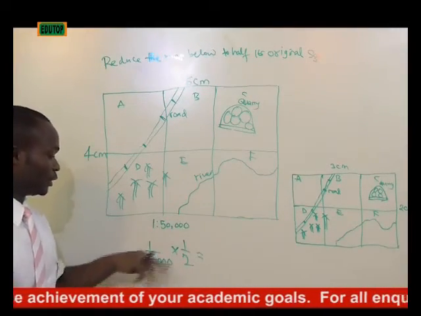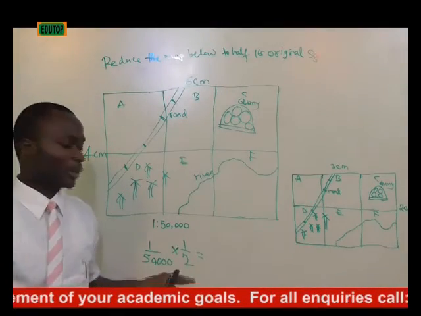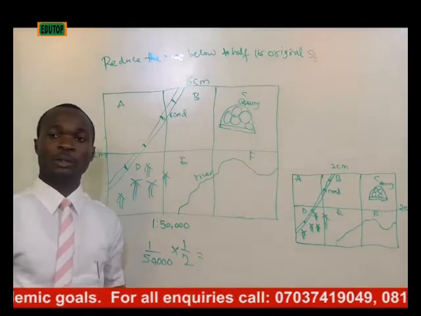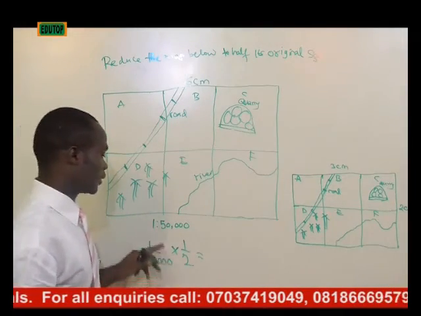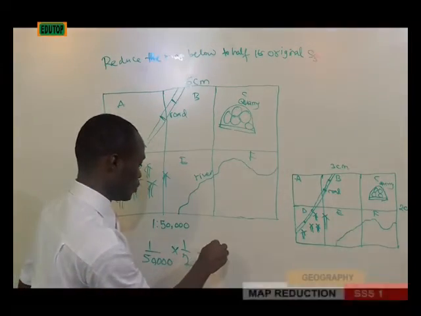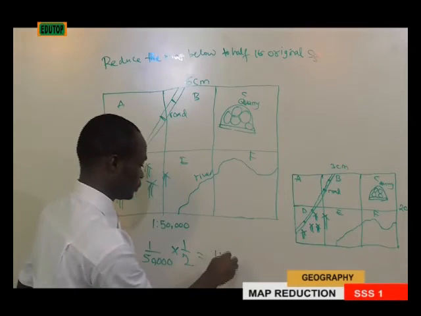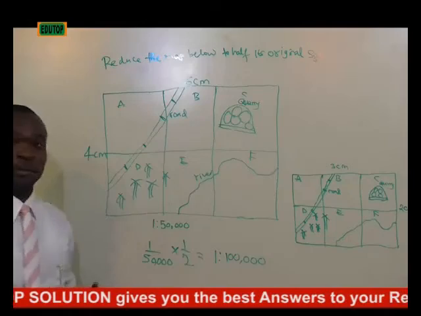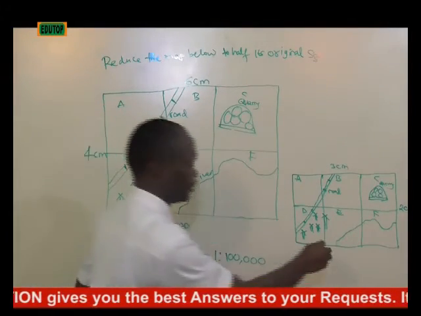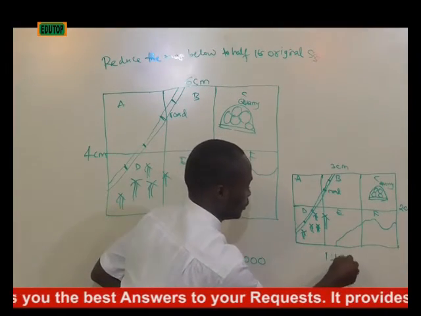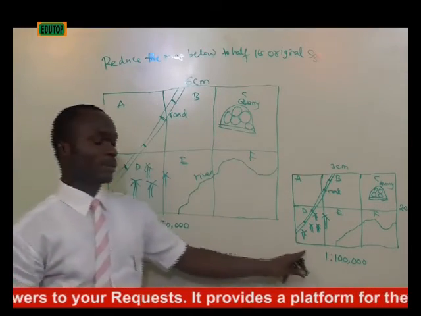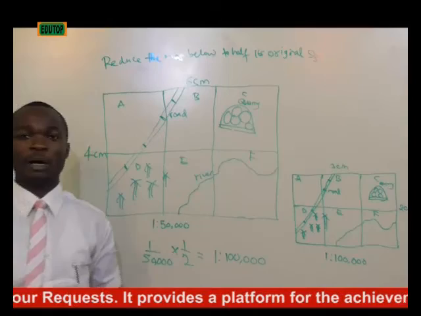And if you do this arithmetic calculation, you will have that the scale of the map will become 1:100,000. Therefore, we have 1:100,000 as the new scale of the map.